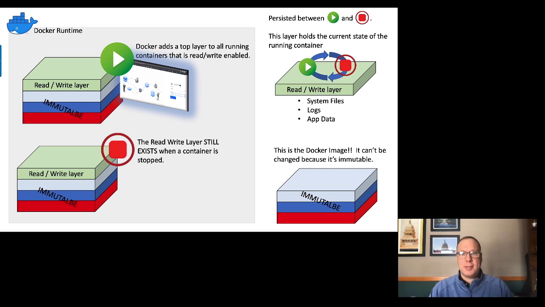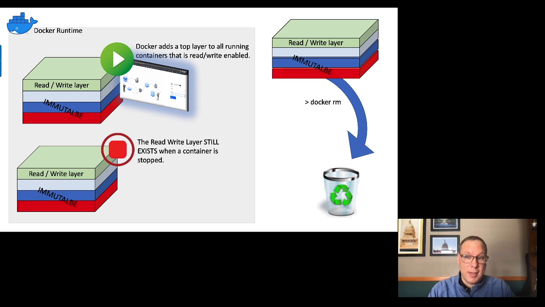So all of that persisted data is in the container. If you restart that container, it will start and all of your changes will be saved. However, when you issue the docker rm command, which is the docker remove command, all of those changes at that top layer are part of the container, and it got removed and it's in the trash, gone.